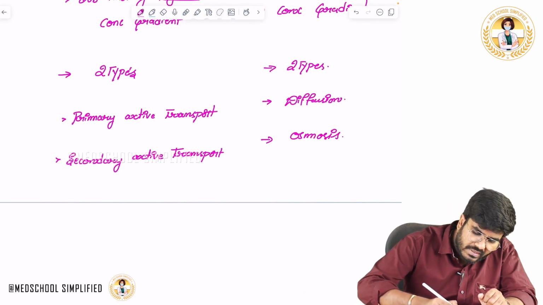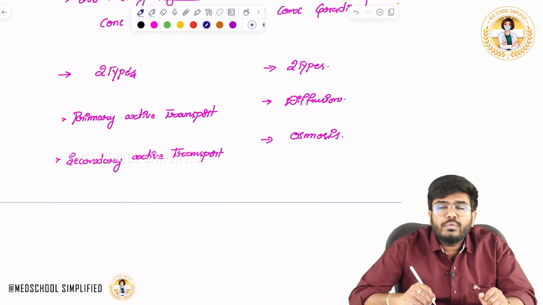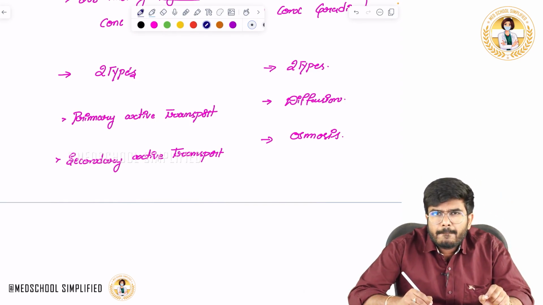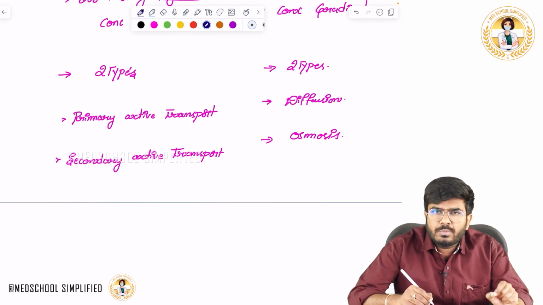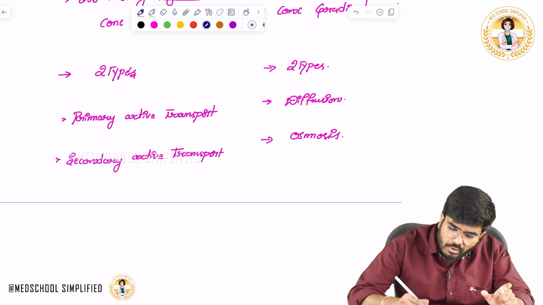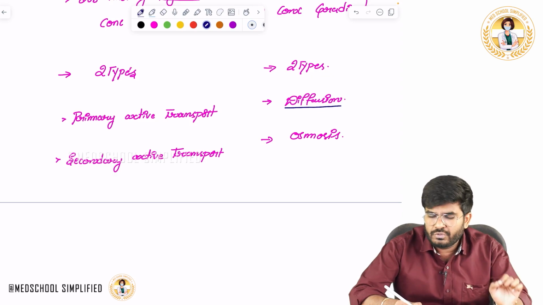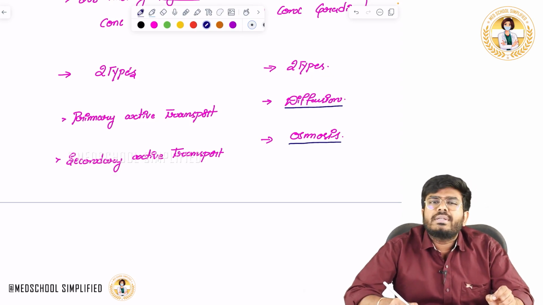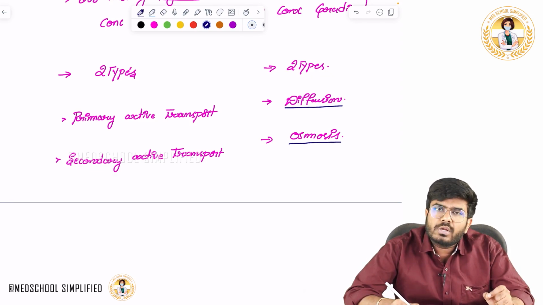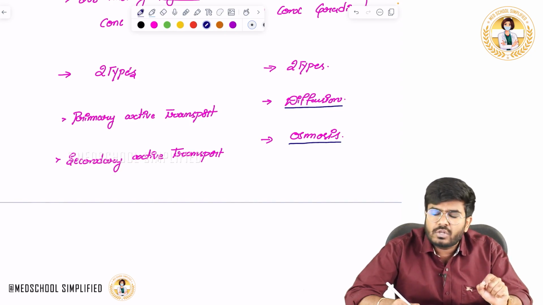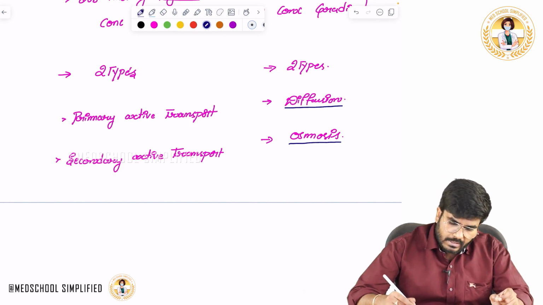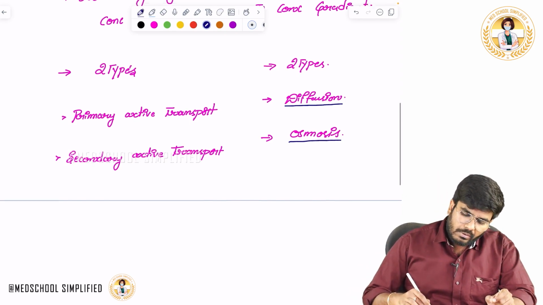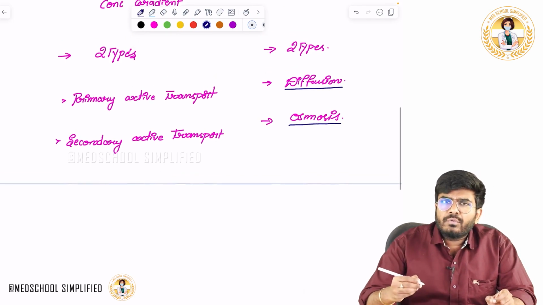From now onwards, if someone asks you whether diffusion requires any energy, if a gas is being transported via simple diffusion, is there any use of energy? No need of any energy. So diffusion and osmosis don't require any energy. They are passive processes. ATP is not required, energy is not required. The substances are moving from high concentration to low concentration.